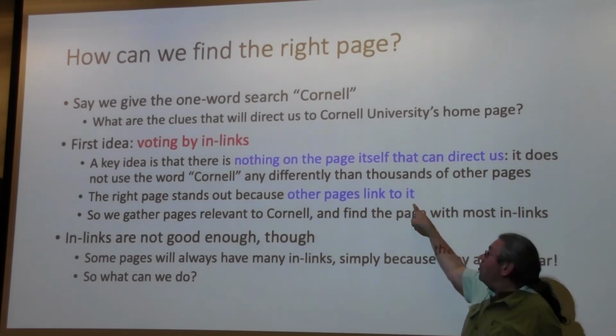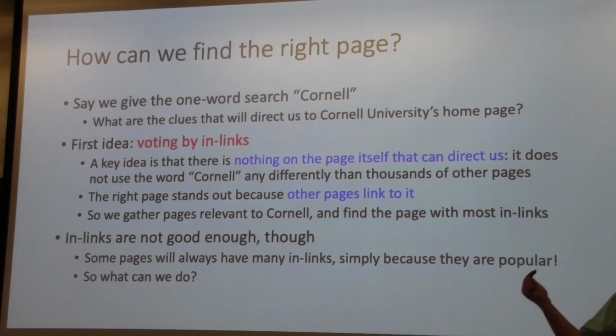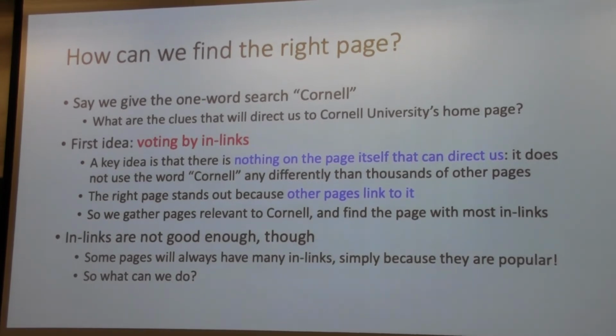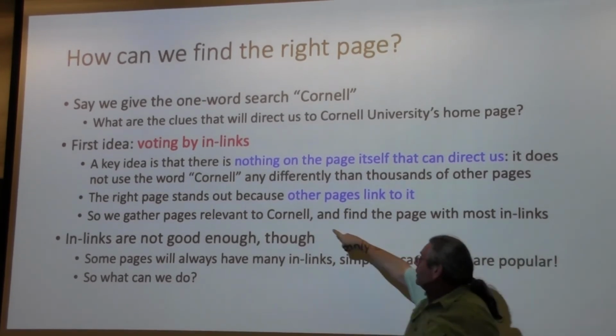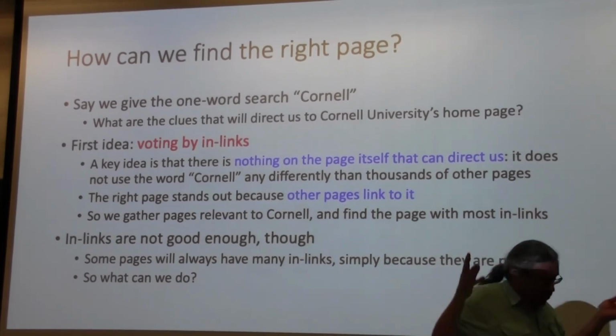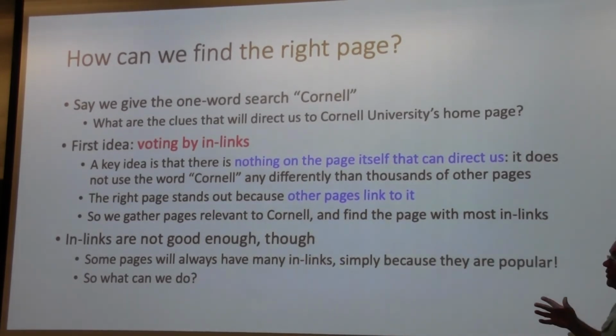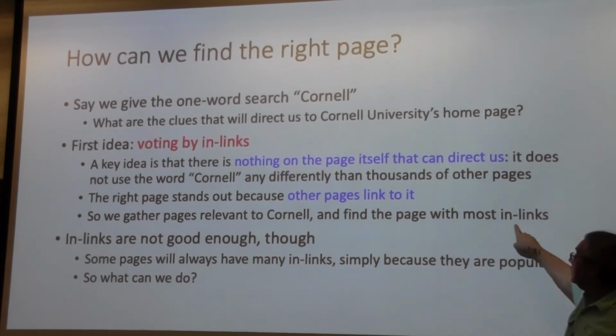So the point is the graph structure is going to help. We gather any page that is somehow relevant to Cornell, and we see what those pages are pointing to.